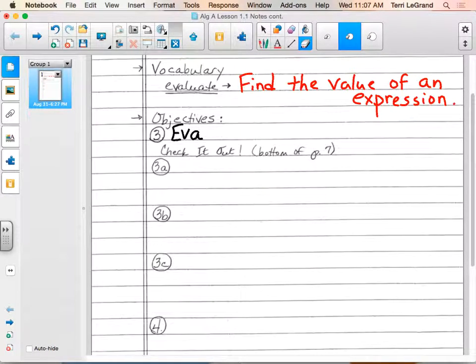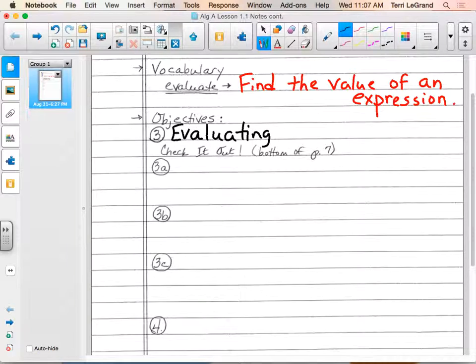Evaluating, and it's in blue right beside your example 3 in your book if you can't see up here well. It's easier to copy from the book. And you do need to be doing this.